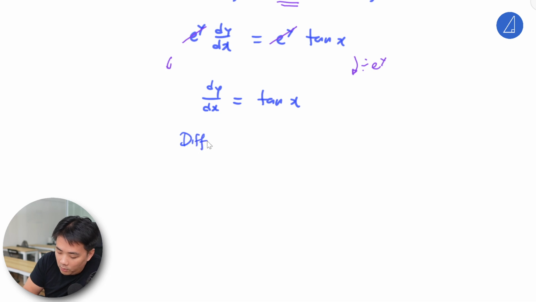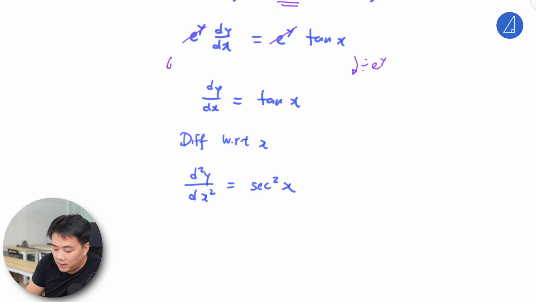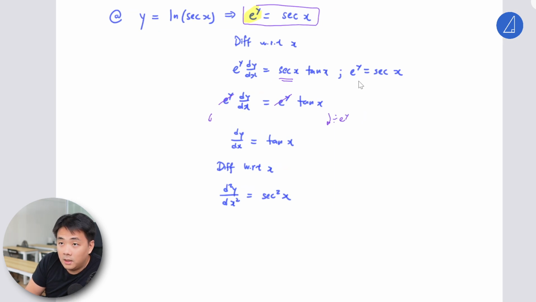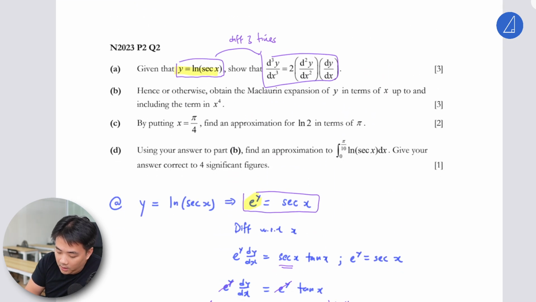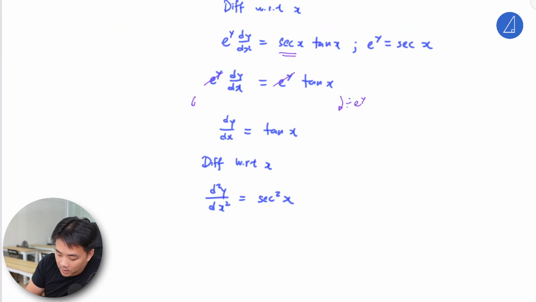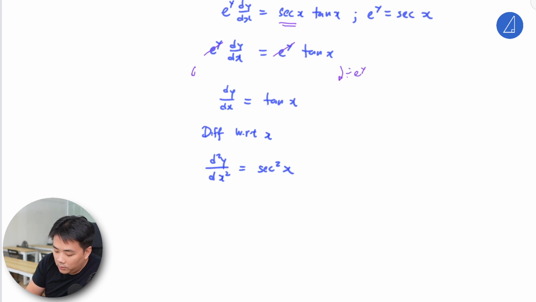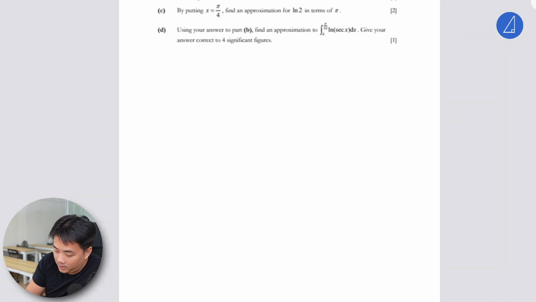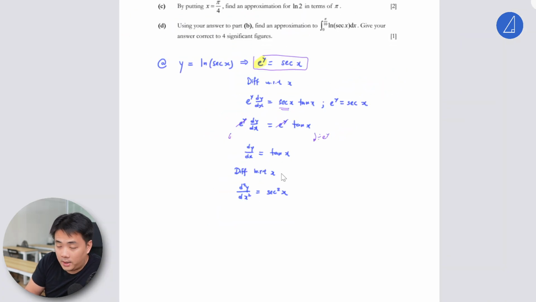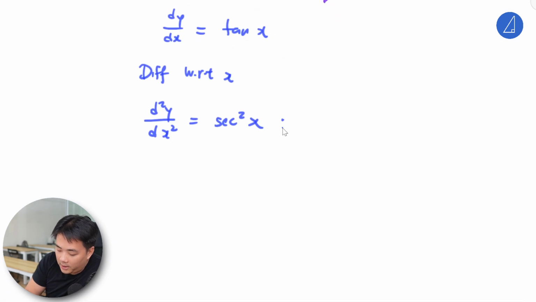So differentiate with respect to x. What we get is the second order derivative equals secant square x. So this is pretty okay. Actually there are many ways to do it here. We could use the formula cosine square x plus sine square x equals 1.